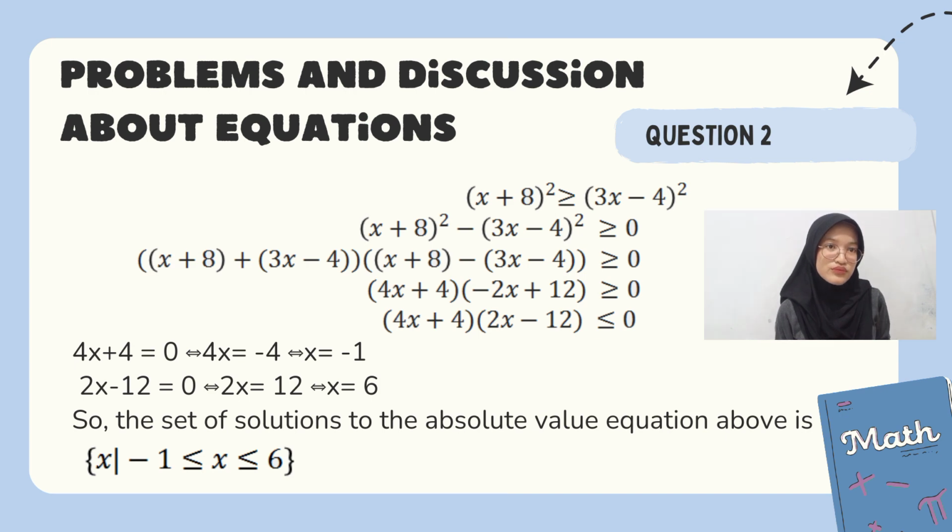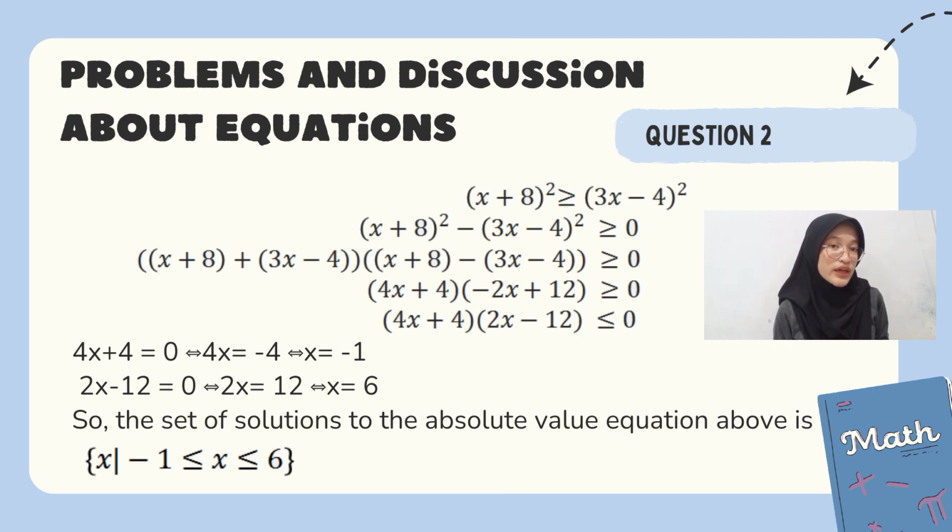So, x plus a multiplied by itself greater than or equal to 3x minus 4 multiplied by itself. So, x plus a multiplied by itself minus 3x minus 4 multiplied by itself greater than or equal to 0.